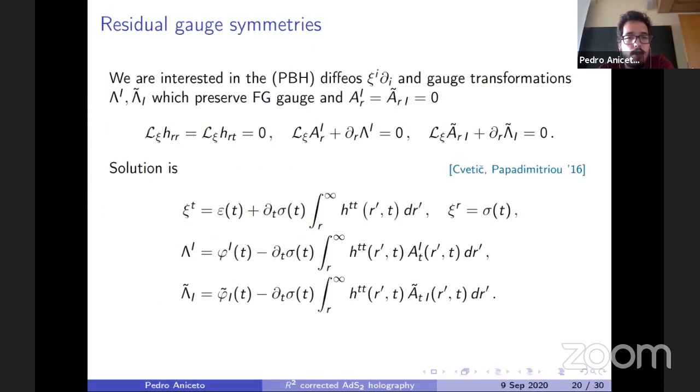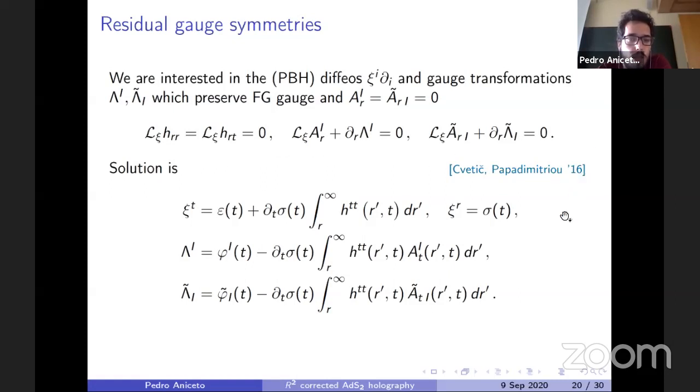how we obtain them. So we are working in the Fefferman-Graham gauge, and we are also imposing that the radial component of our gauge fields is 0. And we still have some residual gauge symmetries in this case. They are given by the Penrose-Brown-Henneaux diffeomorphisms together with some compensating gauge transformations. And they are computed by solving these differential equations.